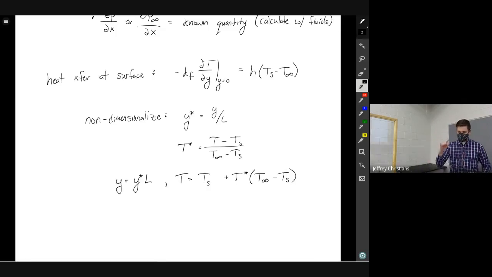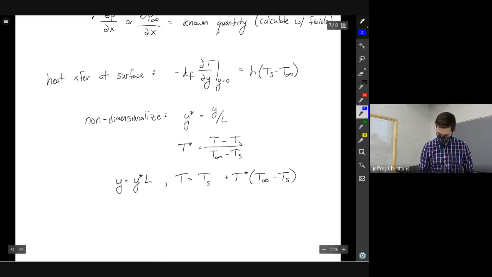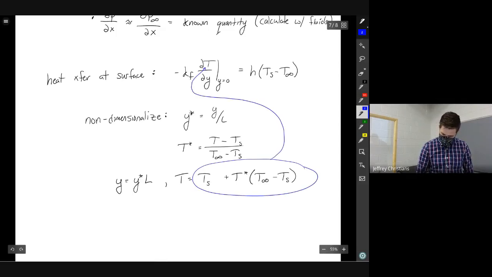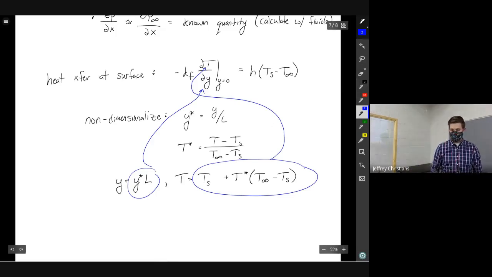We would just do some basic algebra, and then we would take these and plug this in anywhere we saw T, and plug that in anywhere we saw y. That's our general strategy for non-dimensionalizing things.